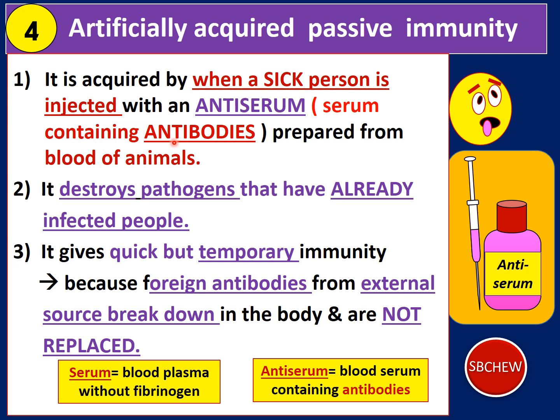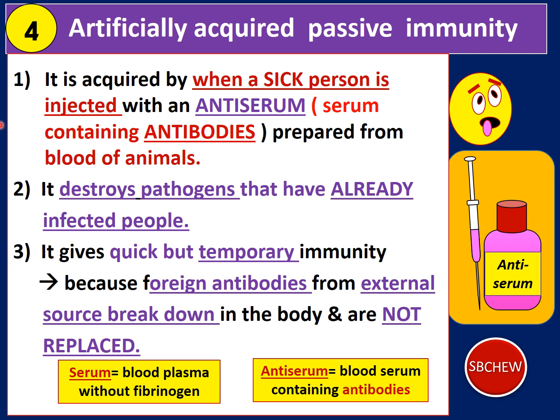So the doctor will inject the antibodies at a certain concentration which is above the level of immunity, so that the person will be able to become immune and destroy all the pathogens that cause this rabies.